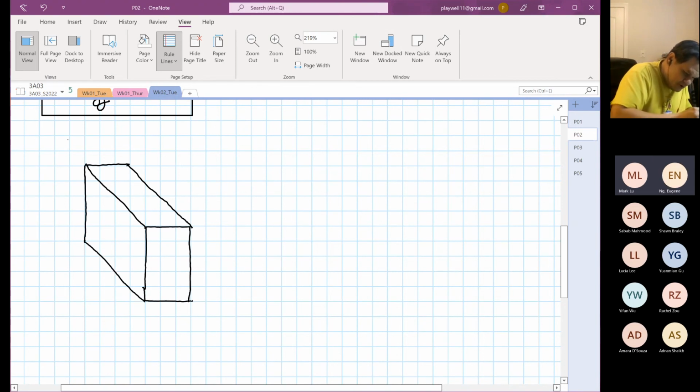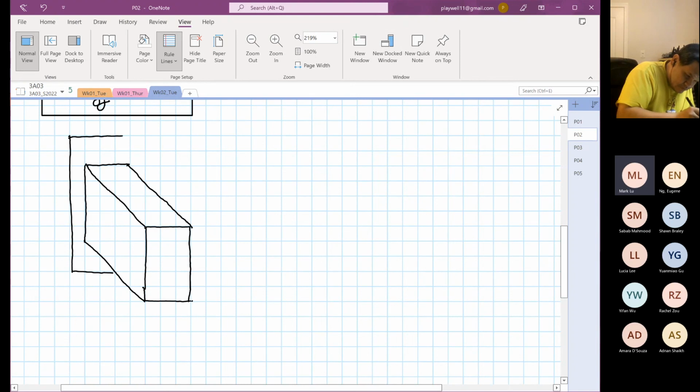Okay, so this is our cantilever beam now. I will sketch out our transformation.